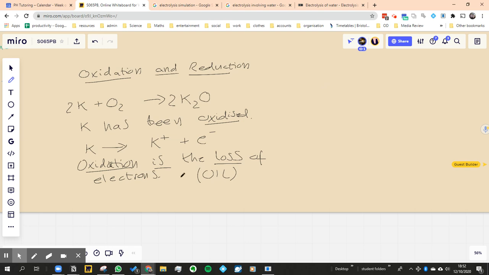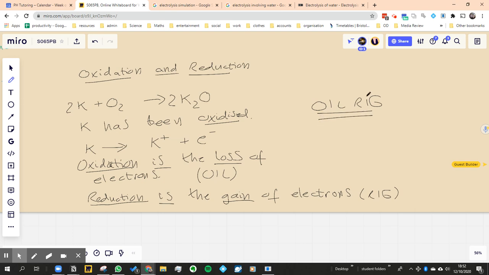So we would say that reduction is the gain of electrons. So reduction is the word there, and it is the gain of electrons. That spells RIG, and together they spell OIL RIG.